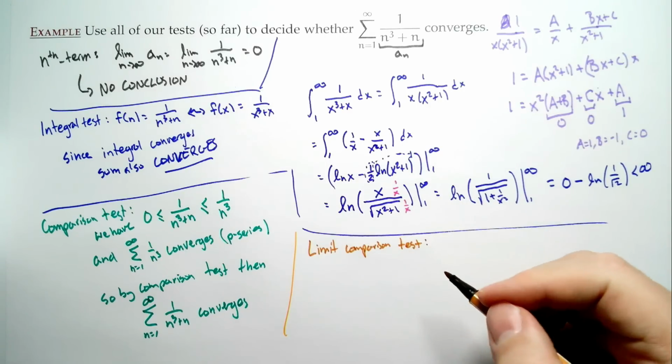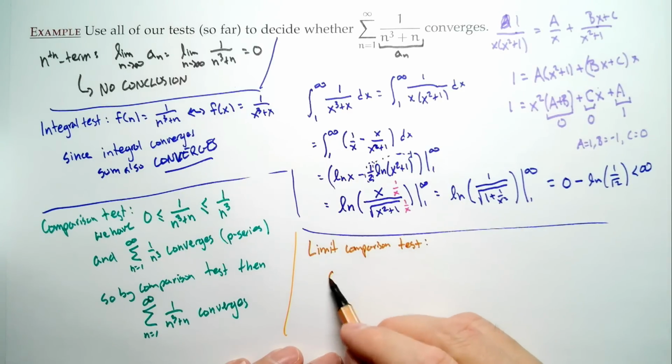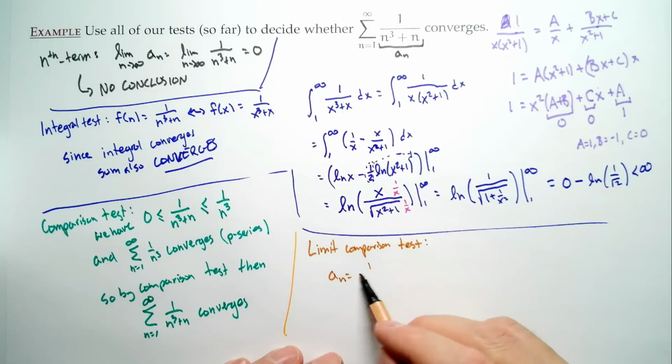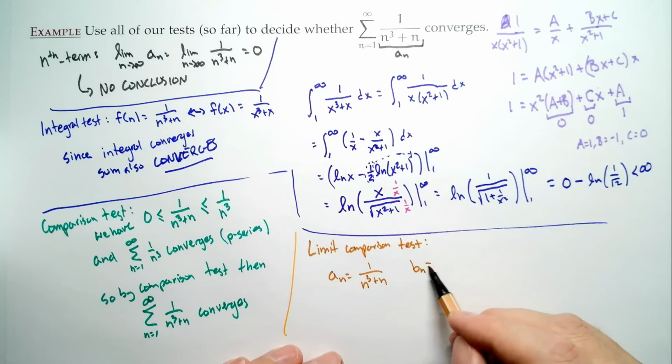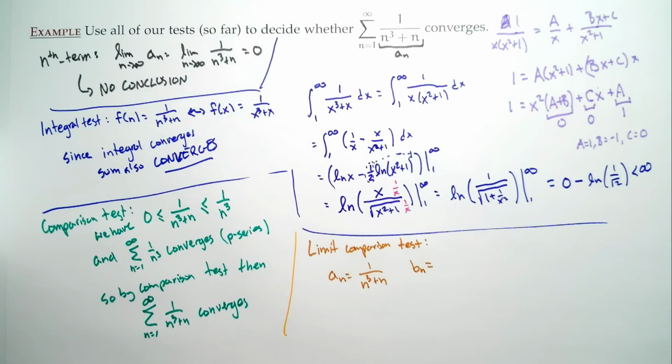We're going to think of our a sub n as 1 over n cubed plus n. Now our b sub n, we want that to be something which has the same growth, but a simpler expression. So in essence, we're stripping away all the unhelpful parts.